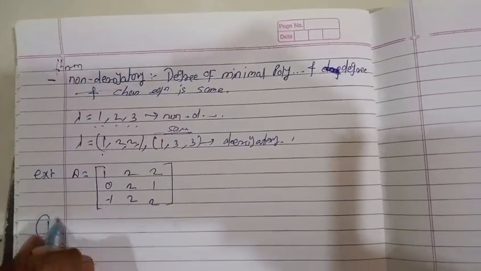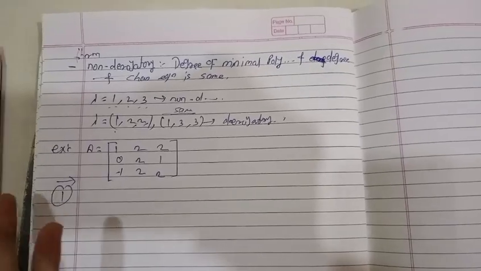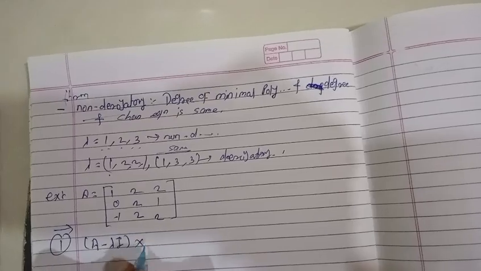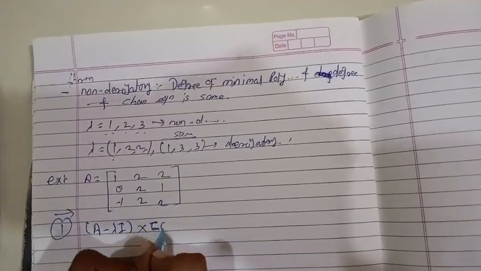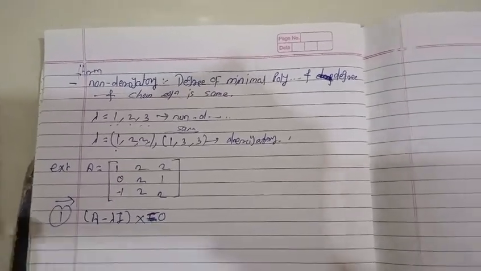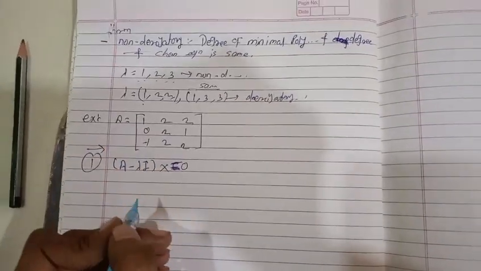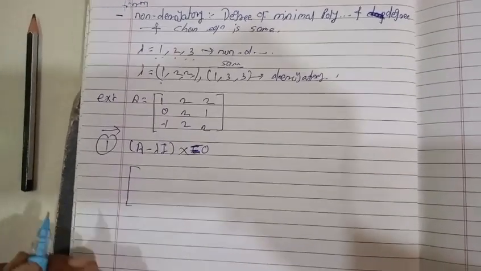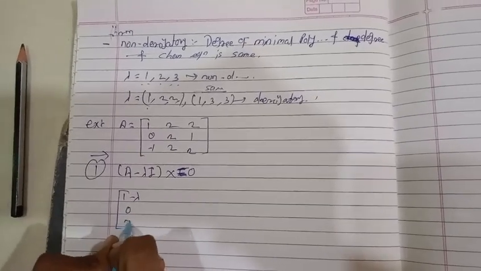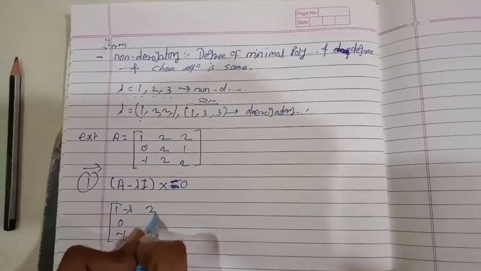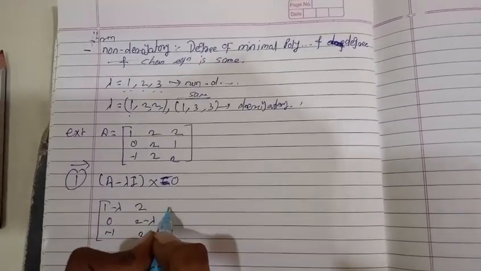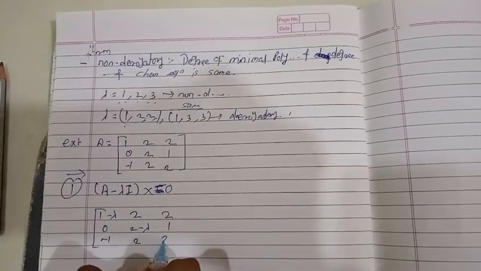Go to the first equation, which simply means solving the first step: the bracket of A minus lambda I, multiplied by x, is equal to 0. Continue that equation by multiplying by lambda: minus 1 minus lambda, and 0, and minus 1, continuing to 2 minus lambda, and next follow that 2 number, and next is 2 minus lambda.